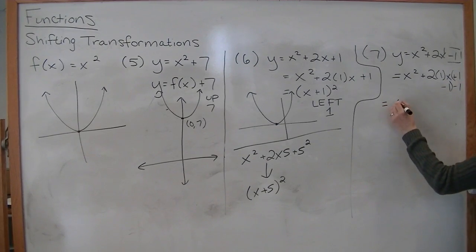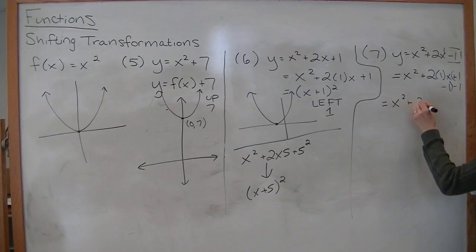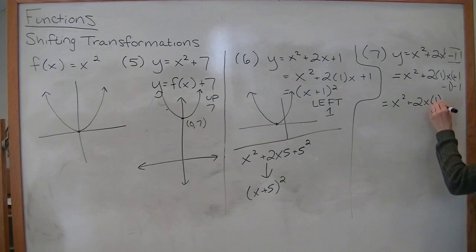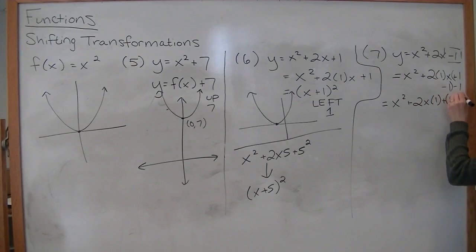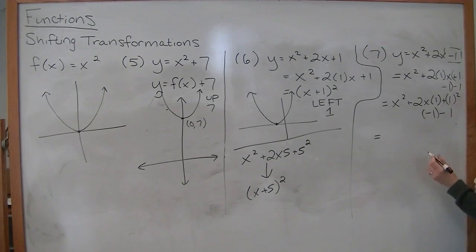So I have x squared plus 2x times 1 plus 1 squared minus 1 then minus another 1. So again, I changed this plus 1 into plus 1 squared because it's the same thing. My minus 1 from subtracting off the one I added essentially is here. Then I have my minus 1 from my original equation.